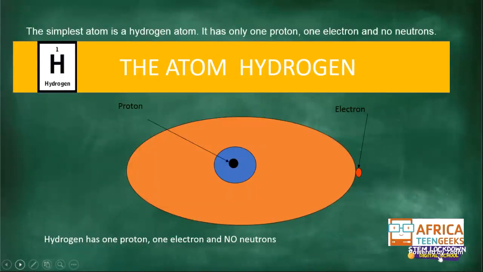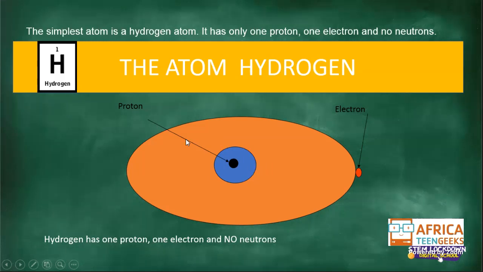Now let's look at this hydrogen atom. This is a simple atom and it only has one proton, one electron, and it does not need a neutron. The reason why it doesn't need a neutron in the middle is because it doesn't need a buffer to protect it against another proton.